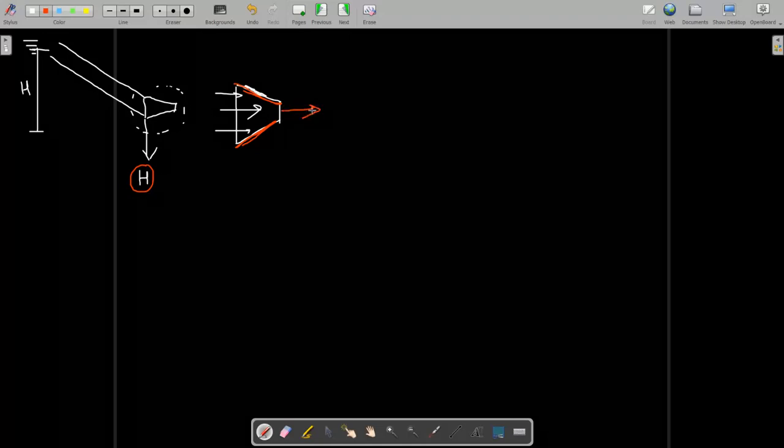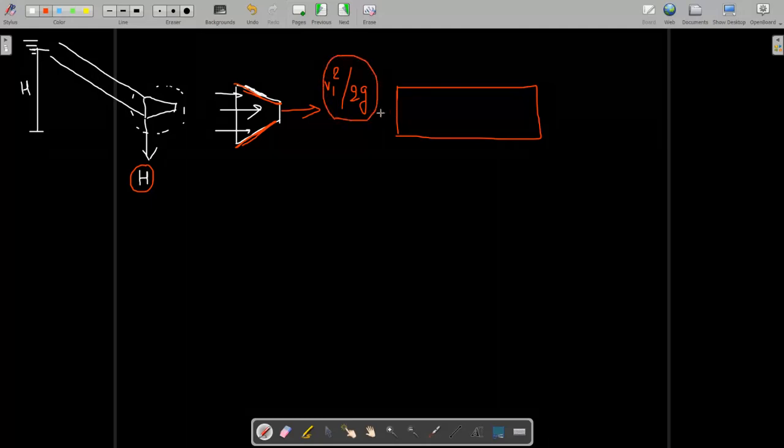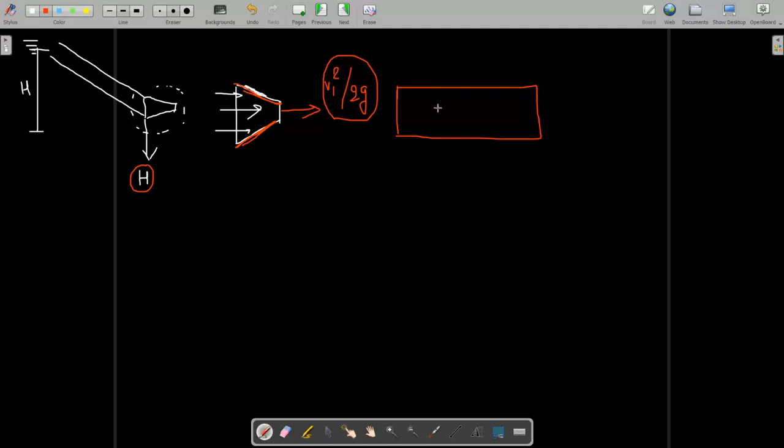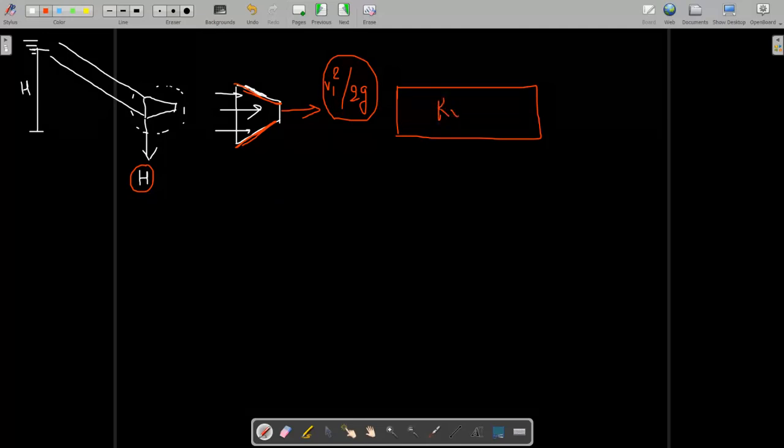Here we have some velocity v1, and in terms of head we can write v1 square by 2g. Then this v1 square by 2g, the velocity head, the water containing this much amount of head, enters the runner, that means the wheel. And the runner produces some power like this.